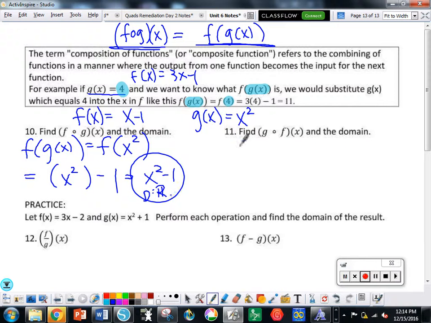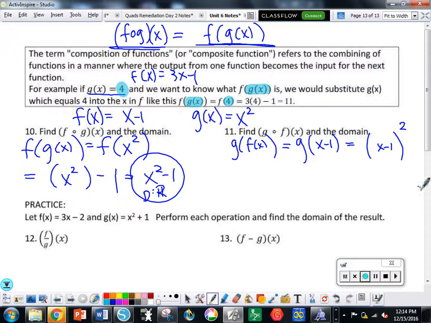What happens when I have g of f of x? So I take the g function and I'm plugging it into the f, nope, strike that, reverse it. I'm taking the f function and I plug it into the g function, right? What is f of x? So everywhere on the g function that there is an x, what do you do? X minus 1.